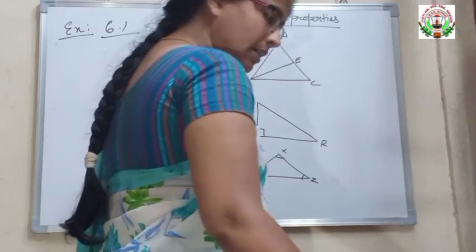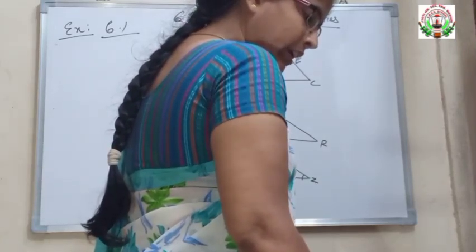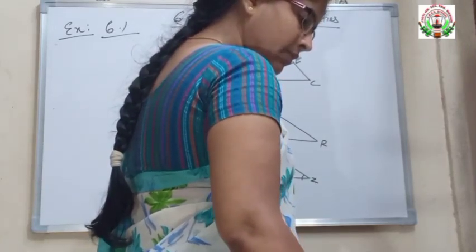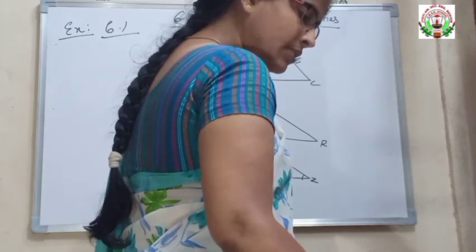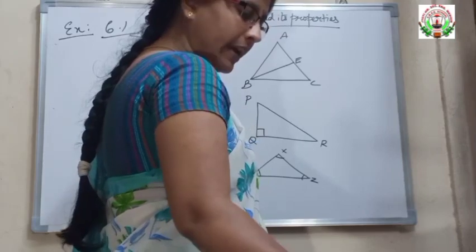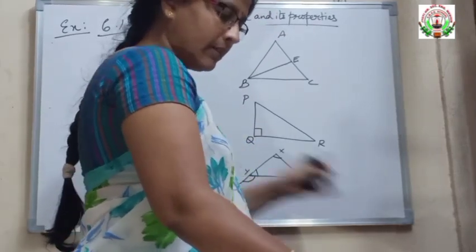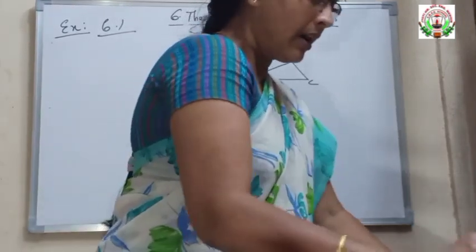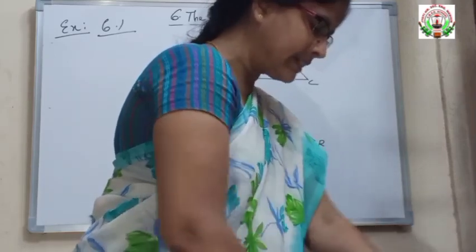Next, third, verify by drawing if the median and altitude of an isosceles triangle can be same. We know that in an isosceles triangle, two sides are equal.